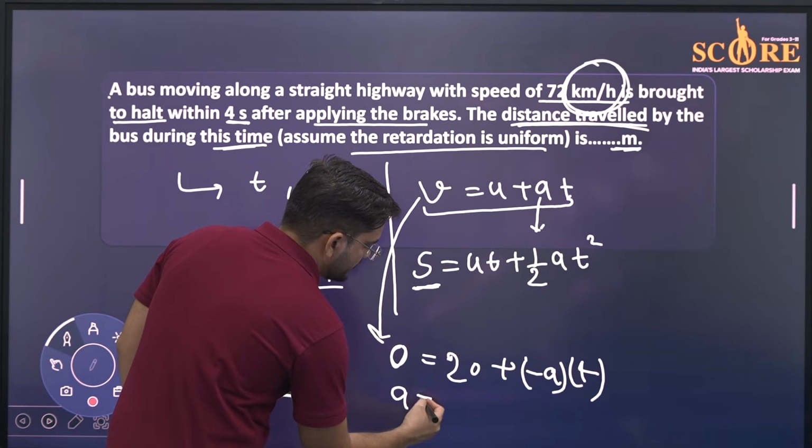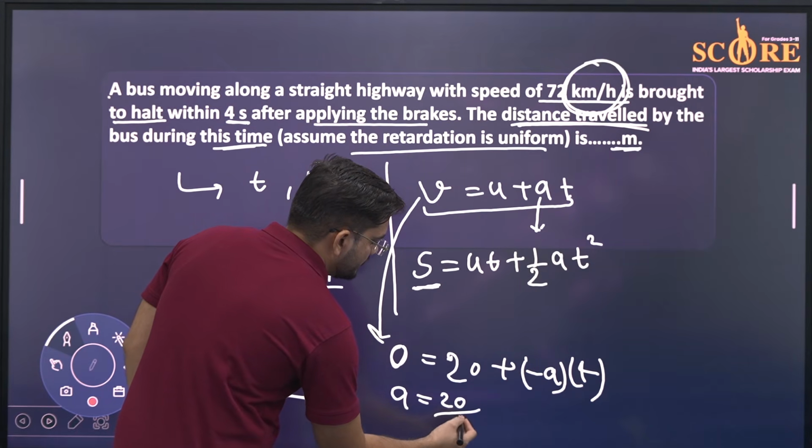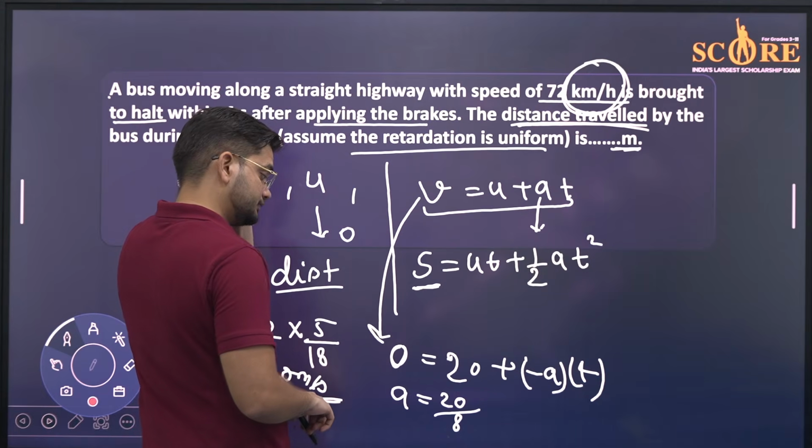So acceleration is 20 divided by 4. Got it?